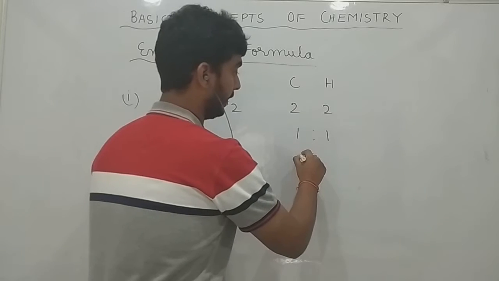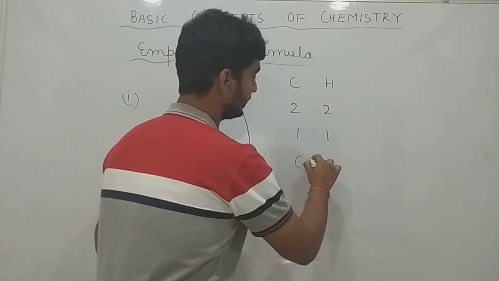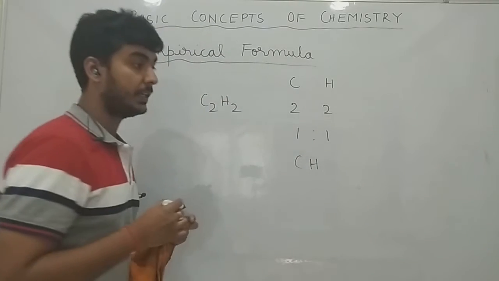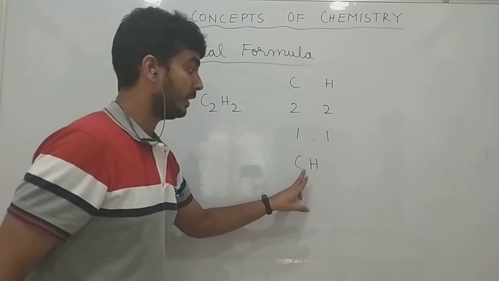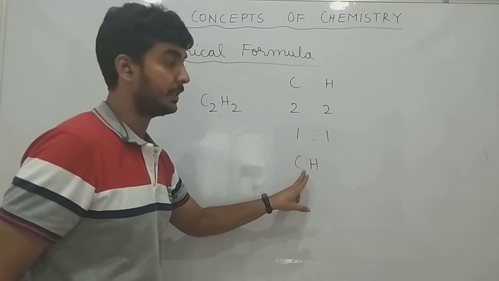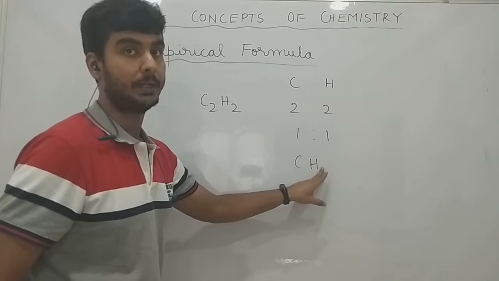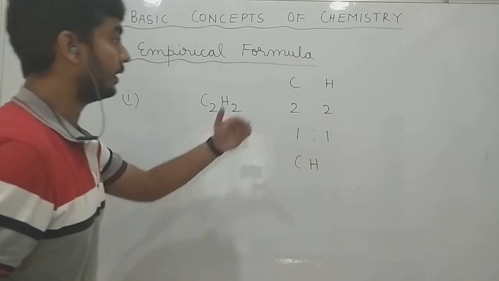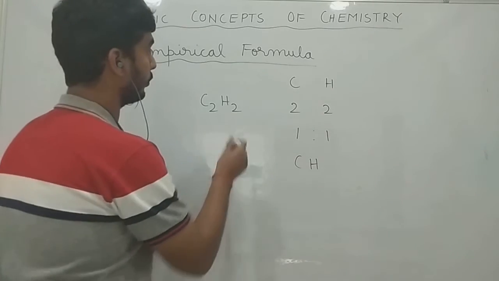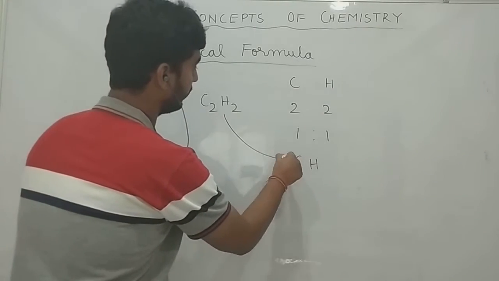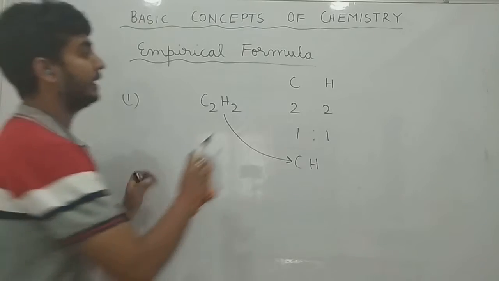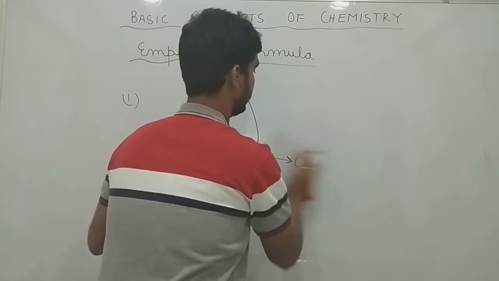So its empirical formula can be written as CH, where CH represents what? That the simplest whole number ratio between carbon and hydrogen is 1:1. Empirical formula for this compound will be what? CH.